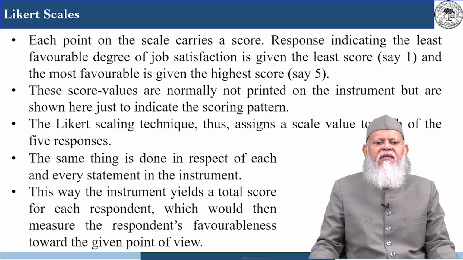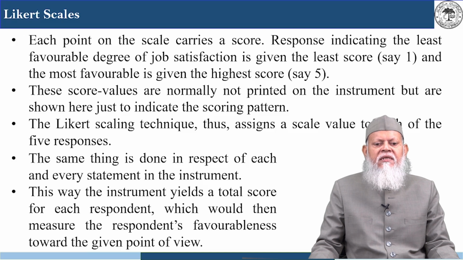The response indicating the least favorable degree of job satisfaction is given the least score, say 1, and the most favorable is given the highest score, say 5. The score values are normally not printed on the instrument but are shown here just to indicate the scoring pattern.